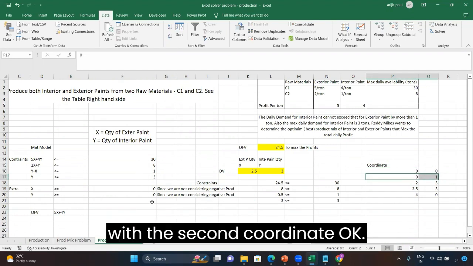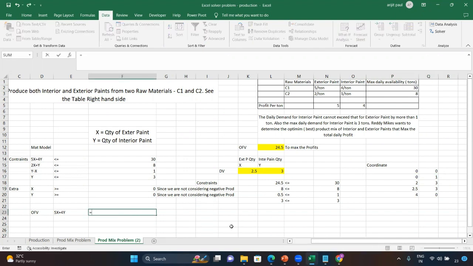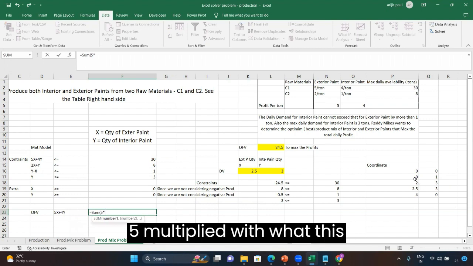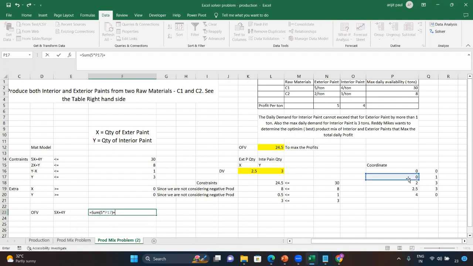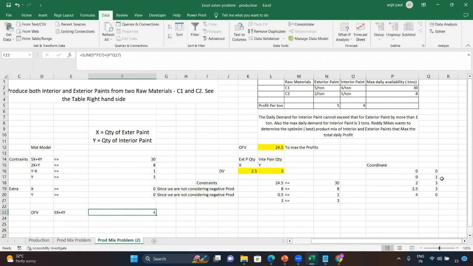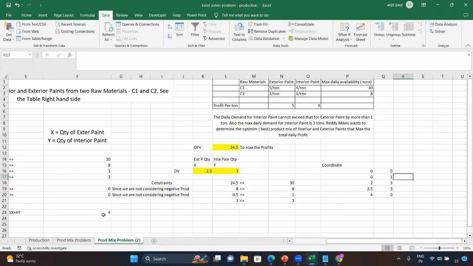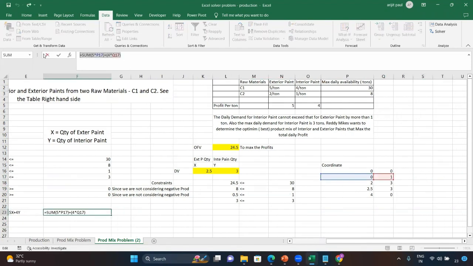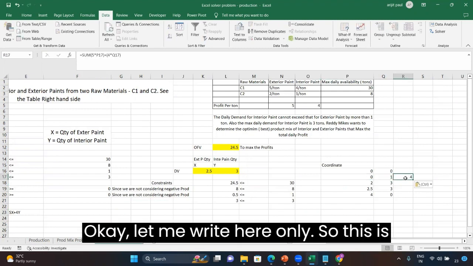So let's try with the second coordinate. 5 multiplied by 0, plus 4 multiplied by the coordinate 1. That means you are going to get 4.